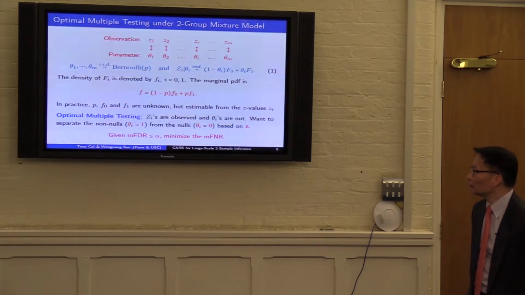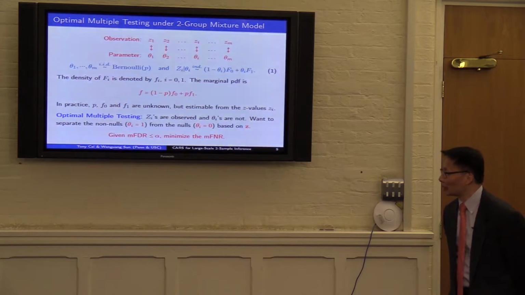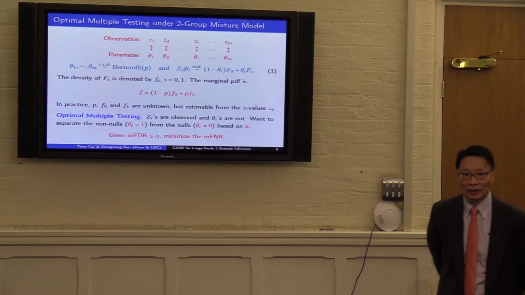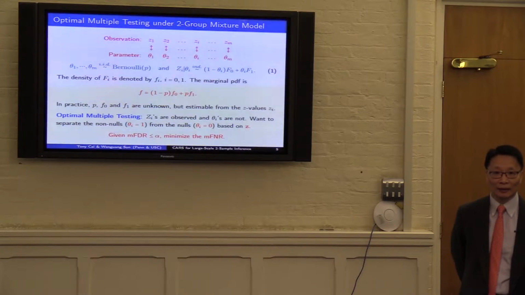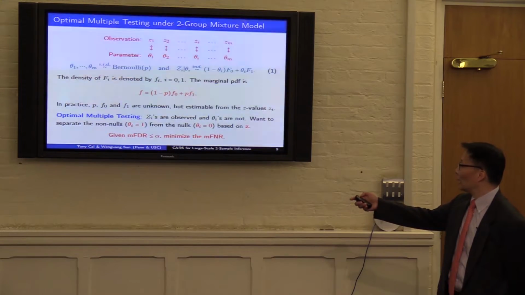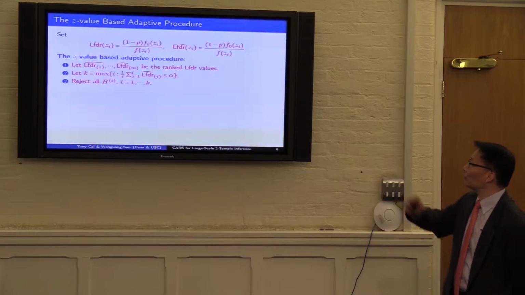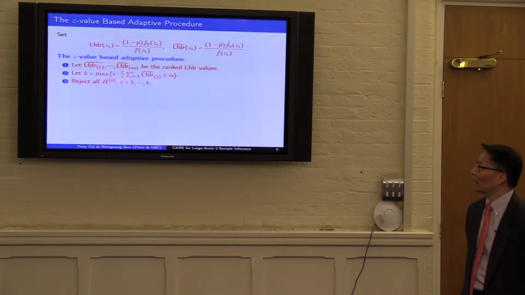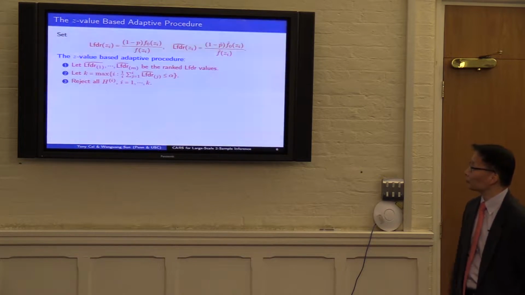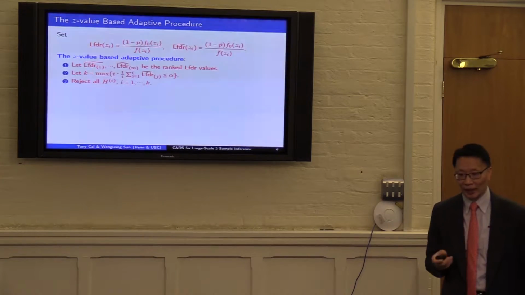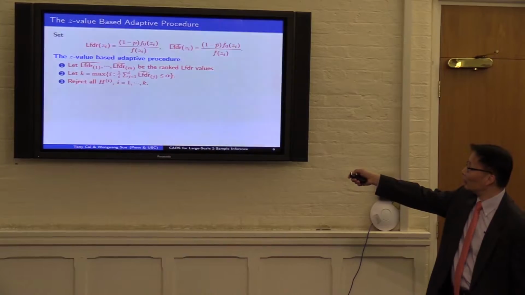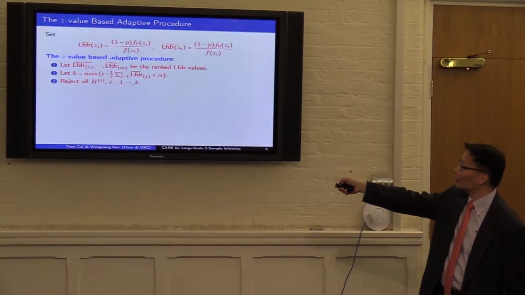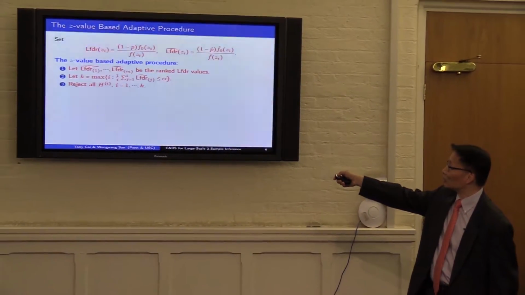For optimal multiple testing, we are looking for control of FDR. At the same time, we want to minimize the FNR. You can think of that as an analog of type 2 error. This can be done by ranking and thresholding what's called the local FDR. In the ideal setting, if all the parameters are known, the local FDR is defined in such a way.